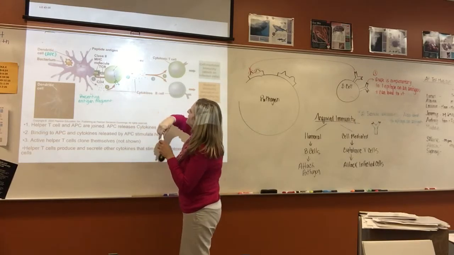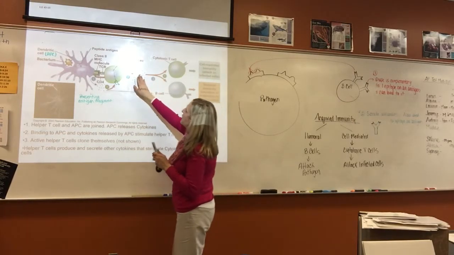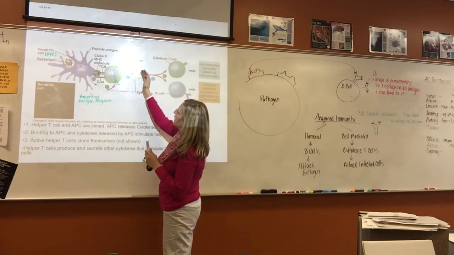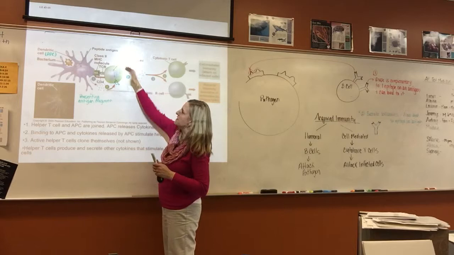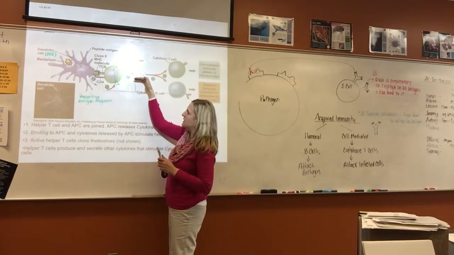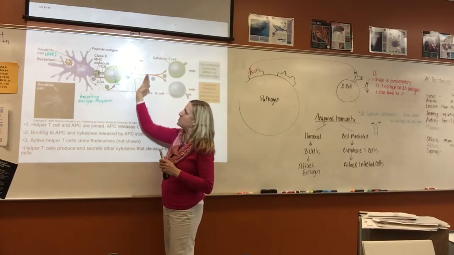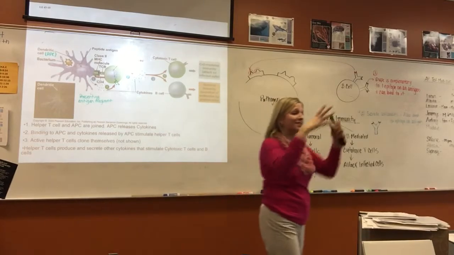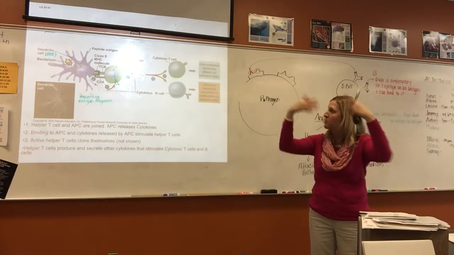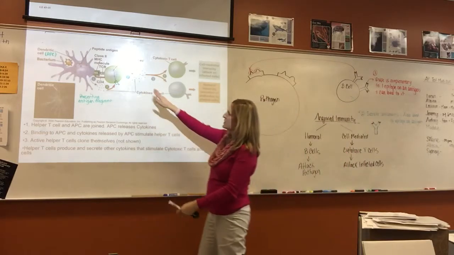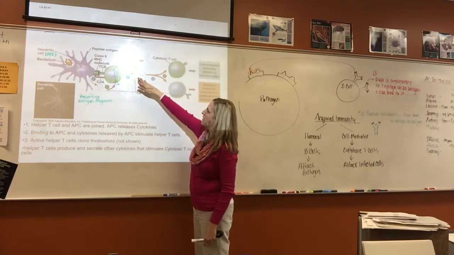So then it's releasing cytokines. Notice here there's two directions of the arrows from the cytokines. The helper T cells actually stimulate themselves. So they release these chemicals which communicate with themselves. What that does is stimulate them to divide and make more helper T cells, which then can make more cytokines, and so on. Why do we want to make more cytokines?